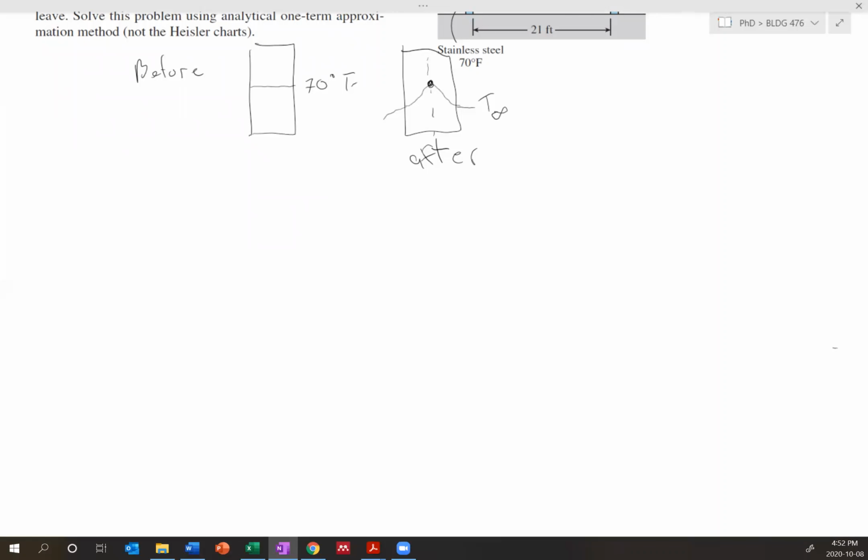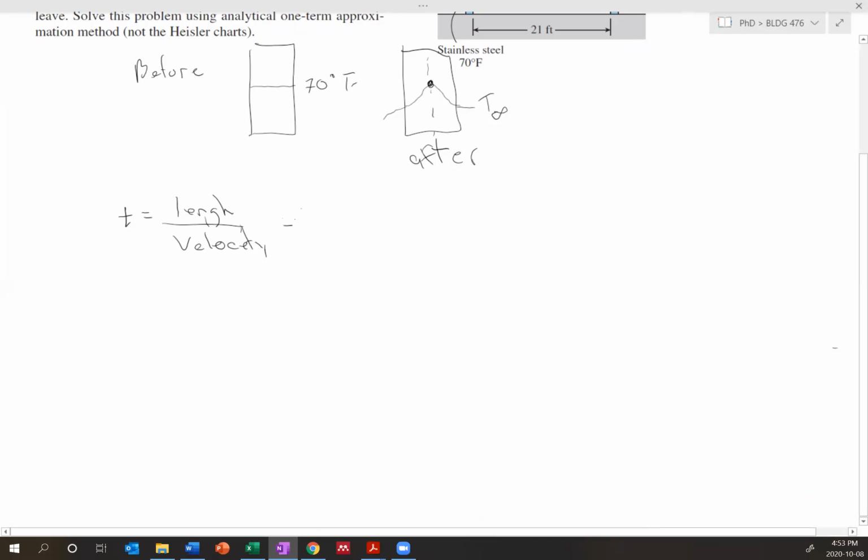Okay, so a couple steps here. First thing we'll do is just figure out how long it's in the oven. That we're going to use the speed for. So the time in which it's within the oven is the length of the oven divided by the velocity.